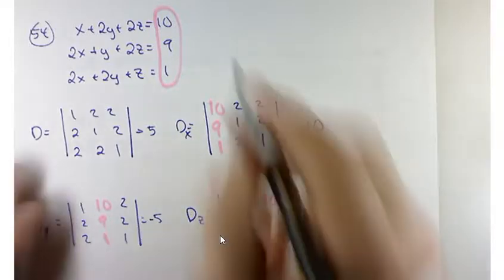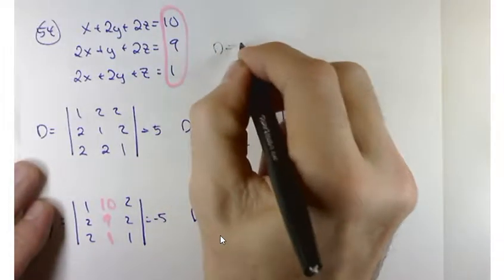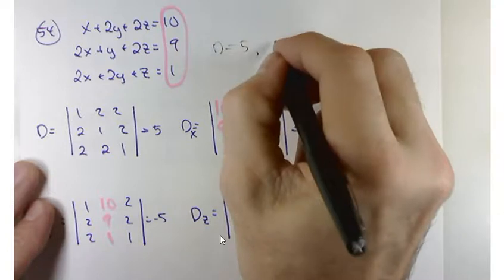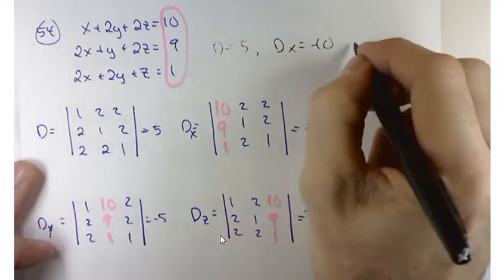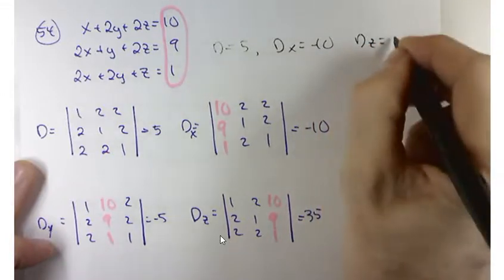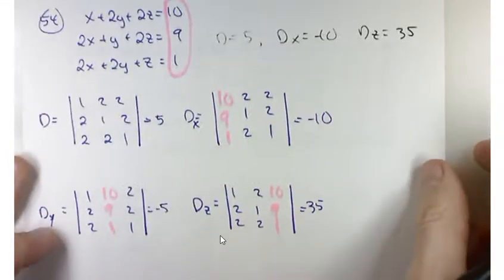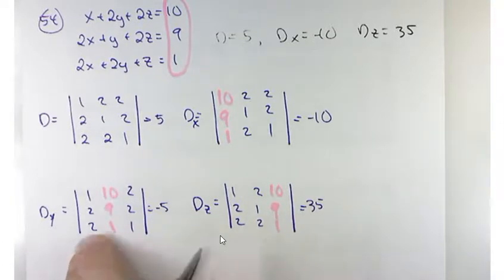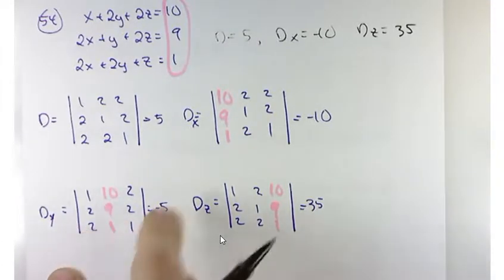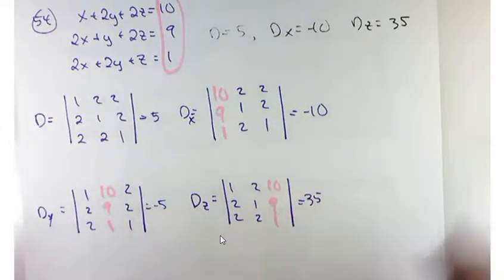I'd probably give you d equals 5, dx equals -10, and dz equals 35. And then I'll ask you to figure out what dy is. So there's show me the matrix here, calculate dy, and then use it to finish solving.